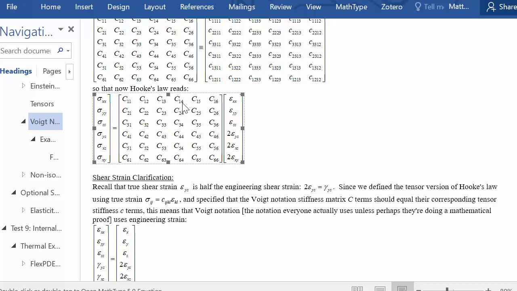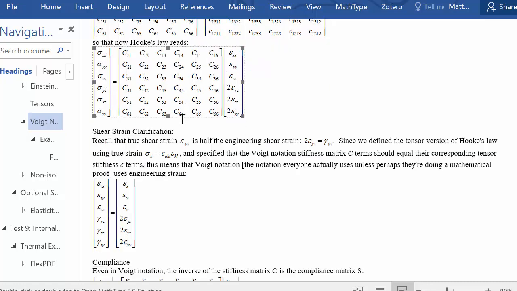So if C14 is positive, then a positive shear strain in YZ would end up doing something that increases the tensile stress in X, and vice versa. If this is negative, then a negative shear strain in YZ would end up increasing the axial X stress.